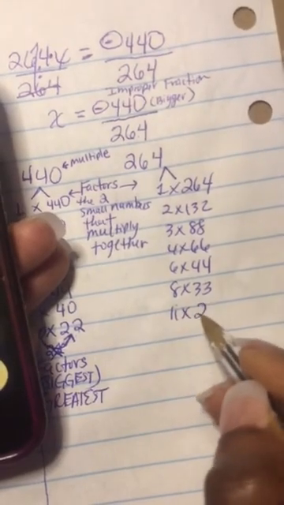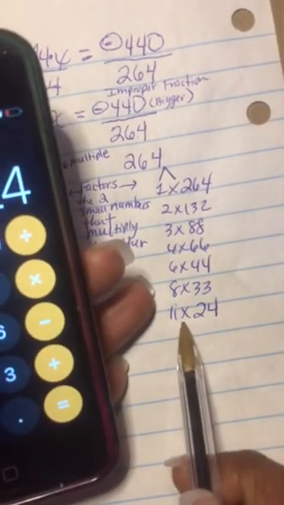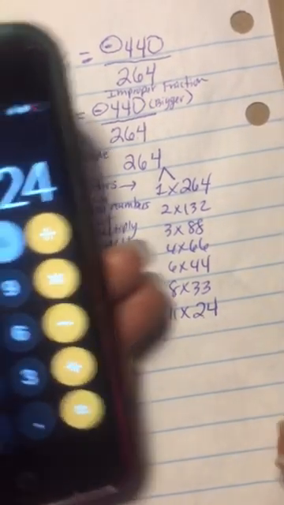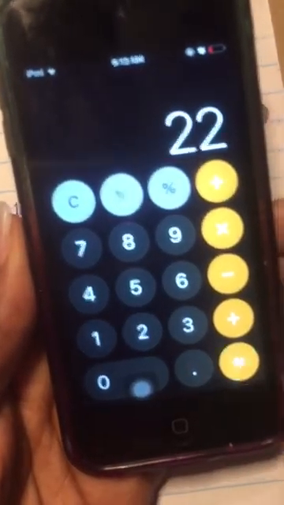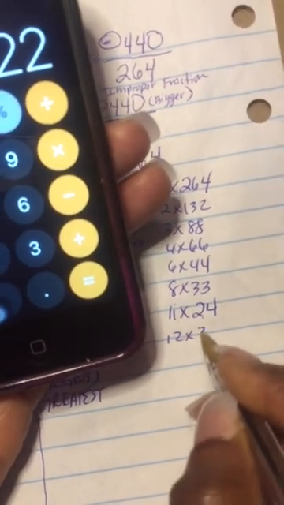Let's see, 11. And as you can see, the numbers are getting smaller and smaller now. All we have to do is try the numbers between 11 and 24. So let's keep going. So now we have 12 times 22.